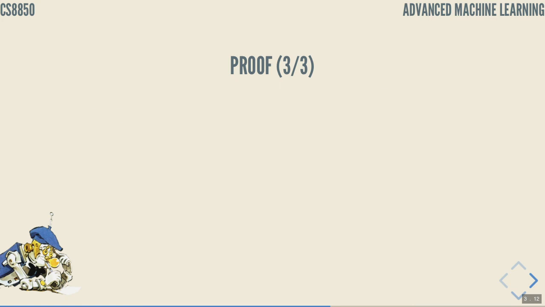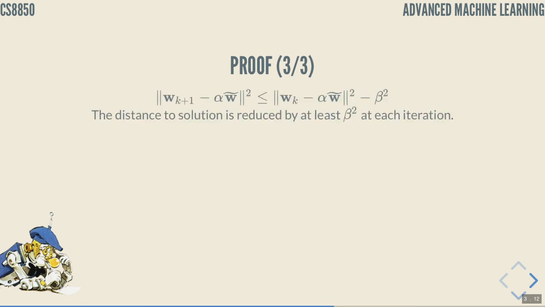So, final steps. We arrived at this inequality, and after k iterations, so we know that we are reducing by at least beta squared, and after k iterations we are reducing by k beta squared.